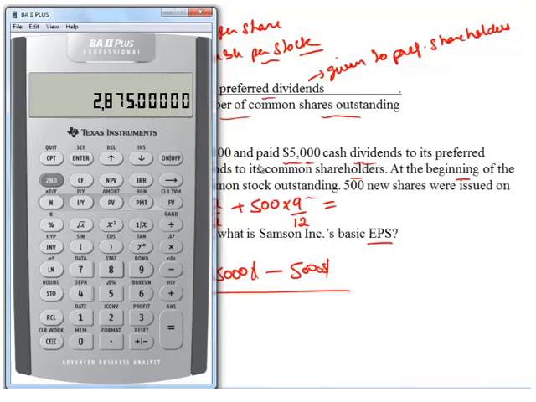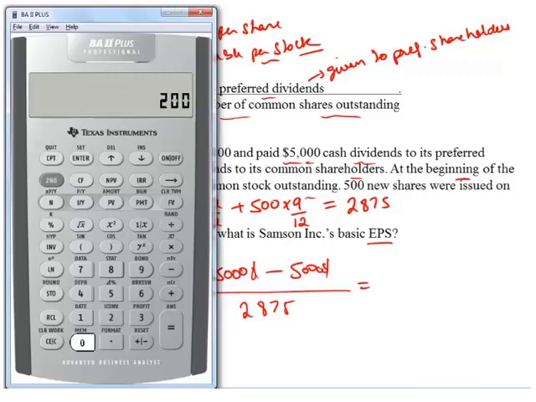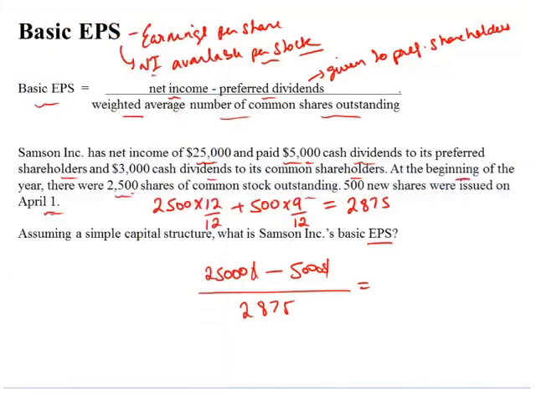It comes out to be 2,875. So the basic EPS can be calculated as 25,000 minus 5,000 upon 2,875. That is 20,000 upon 2,875, or $6.96.